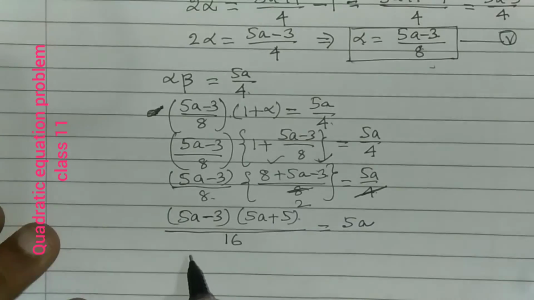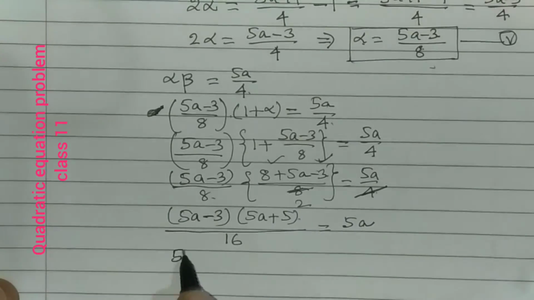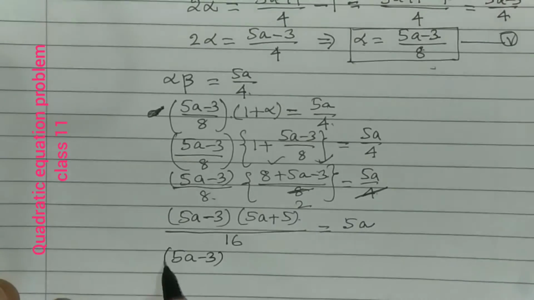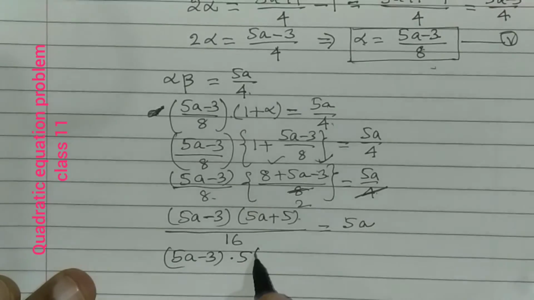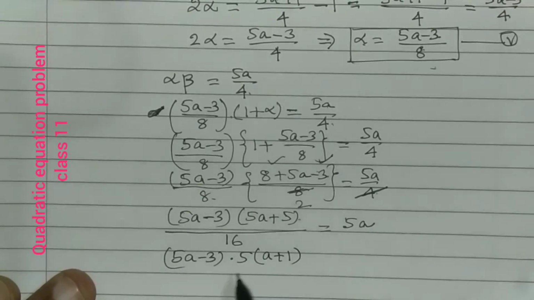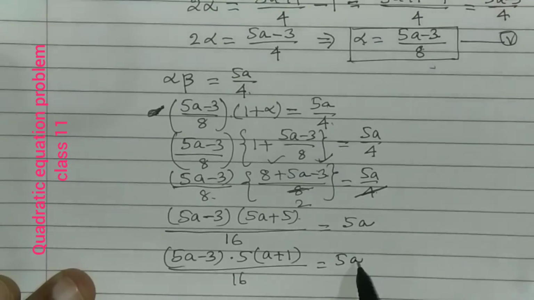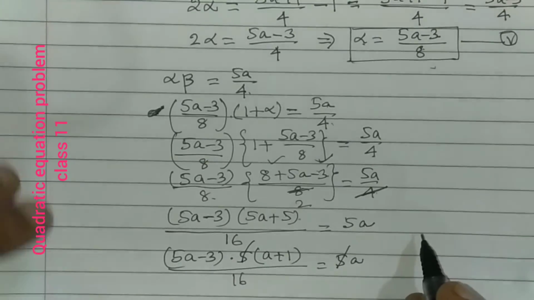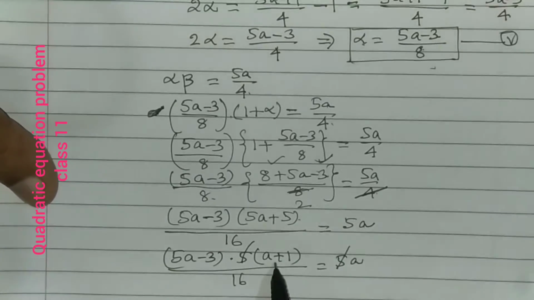So now see, (5a minus 3) and then take common 5, (a plus 1), now divided by 16, it is equal to 5a. 5 will cancel over here, and here we will multiply over here.